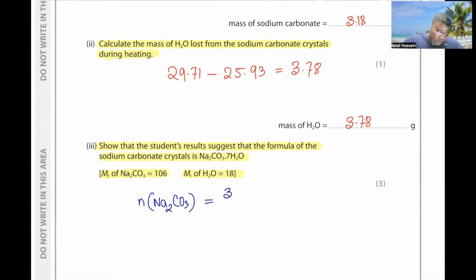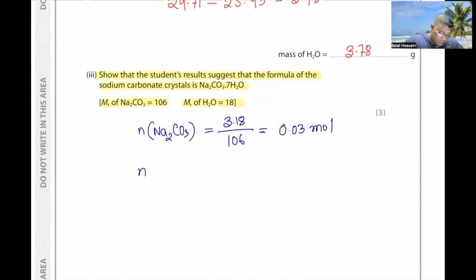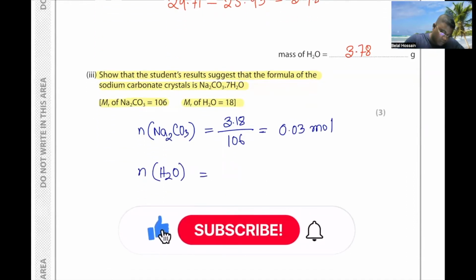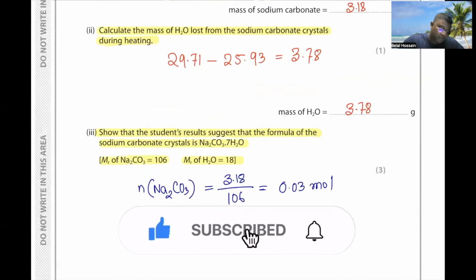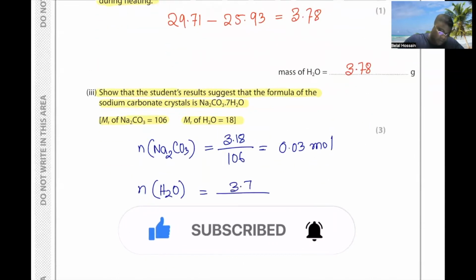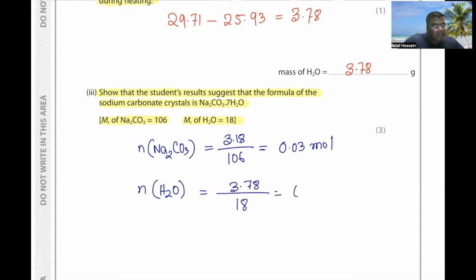So 3.18 was the mass of sodium carbonate, Mr is 106. We divide and we get 0.03 moles. Then we need to find out the number of moles of water. So we have the mass of water 3.78 grams, and we know the Mr of water is 18. We divide it and we get 0.21.